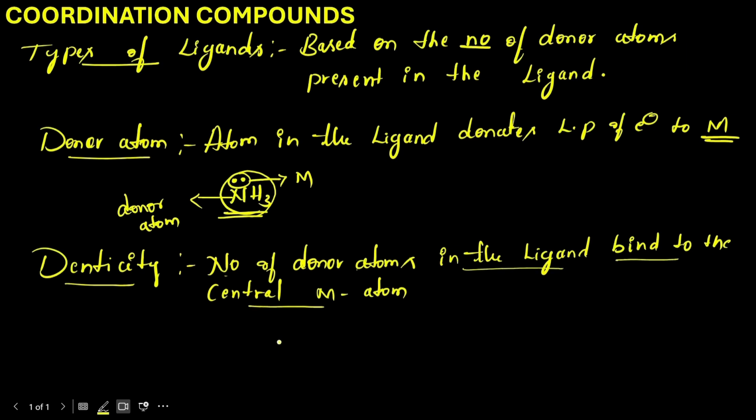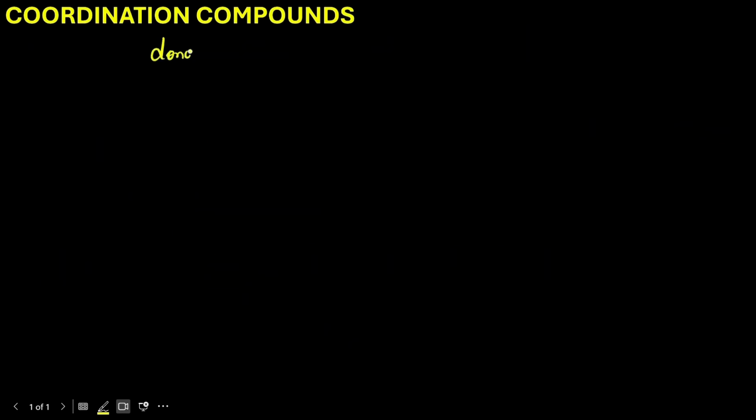Again we will consider the NH3 ligand. Here nitrogen has a lone pair of electrons, and this lone pair is donated to the metal. Therefore nitrogen is the donor atom. Here only the nitrogen is bound to the metal atom. Therefore the denticity of NH3 is 1. We will take a few more examples.